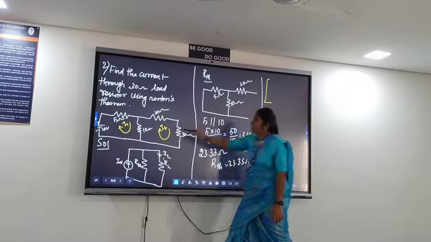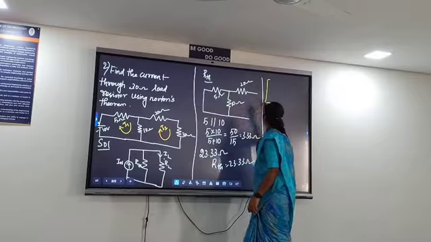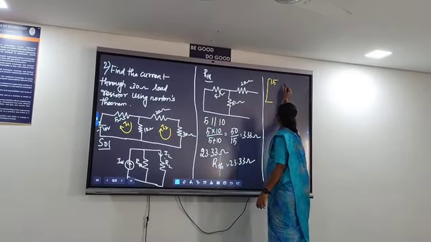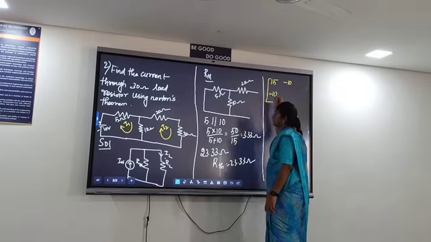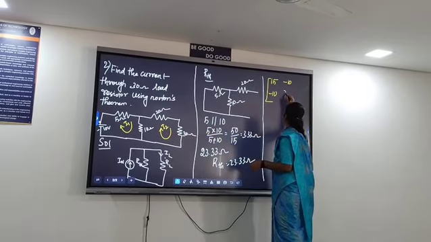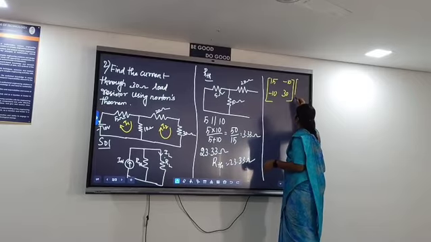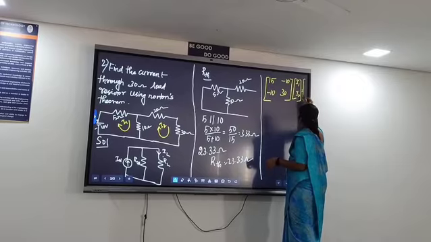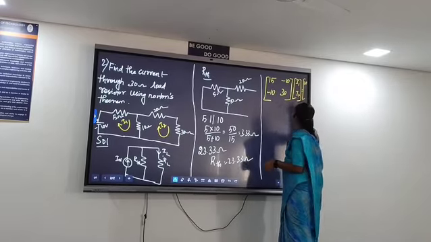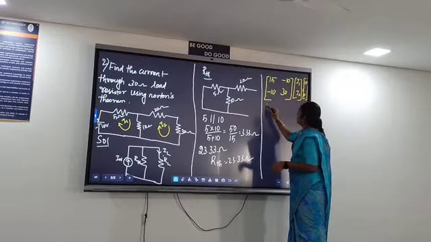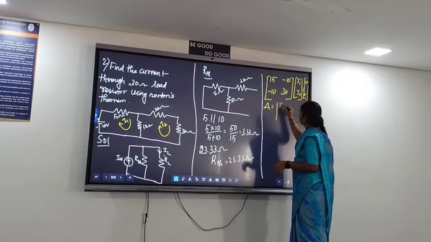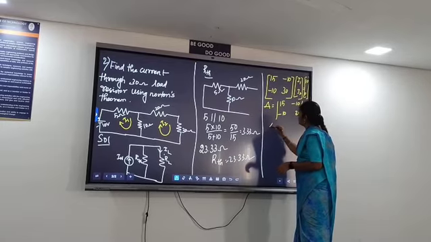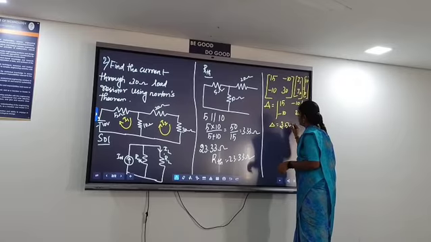In the first mesh, 5 plus 10 is 15, and between I1 and I2 the coefficient is minus 10, then again minus 10, and 20 plus 10 is 30. The right side values are 10 for the first loop and 0 for the second loop. So the del value is 15 times 30 minus 10 times 10, which becomes 350.